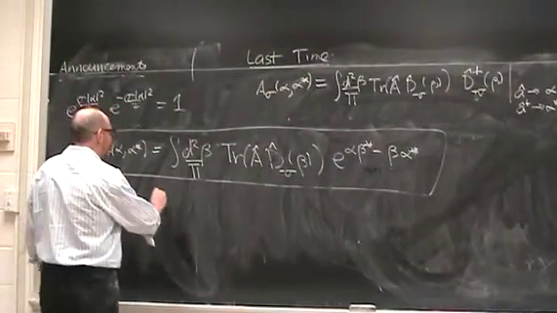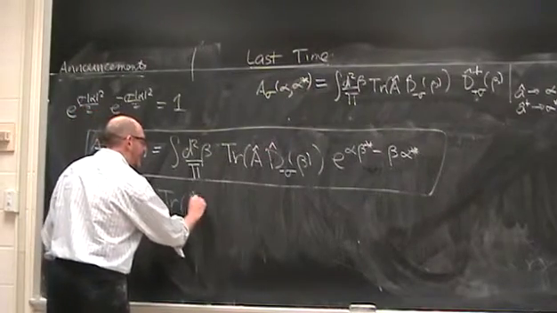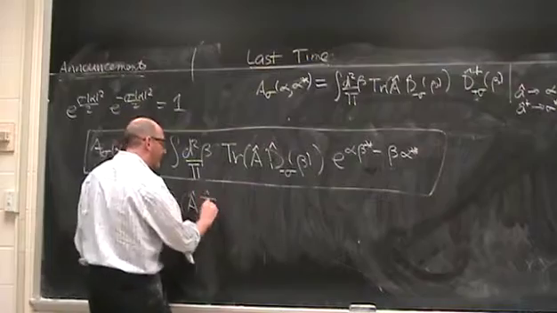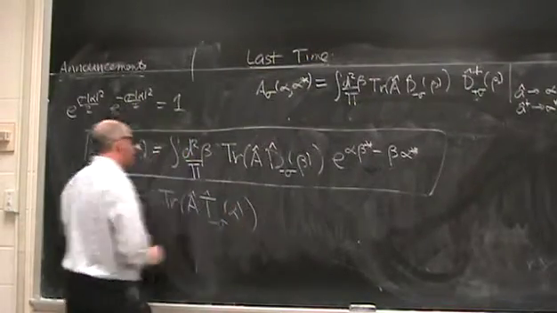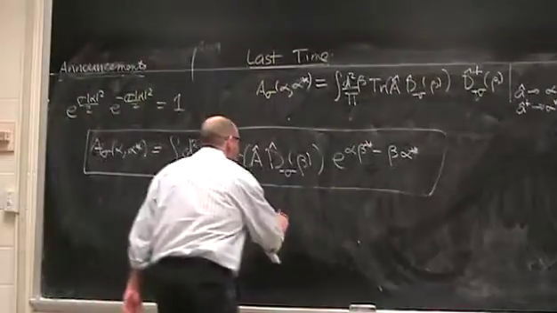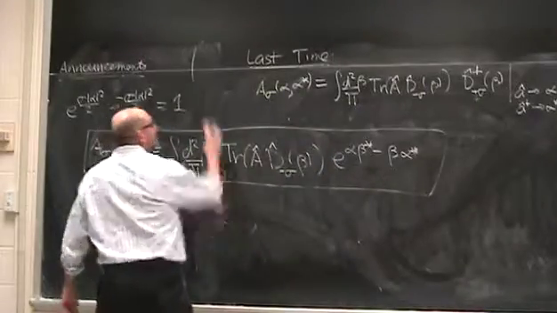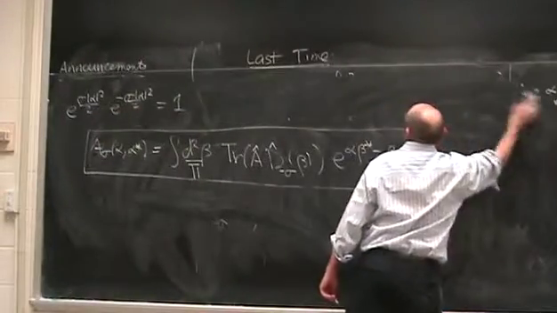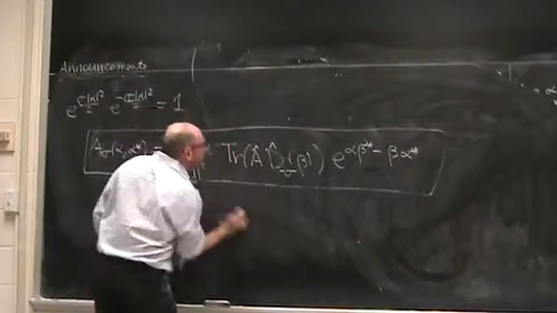This is equal to the trace of A with an operator I'll call T minus sigma of alpha.